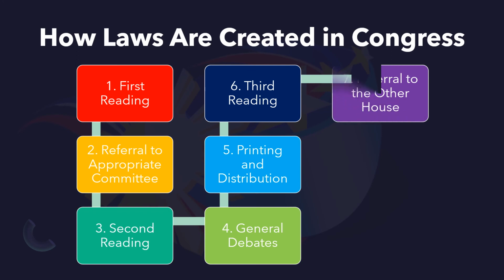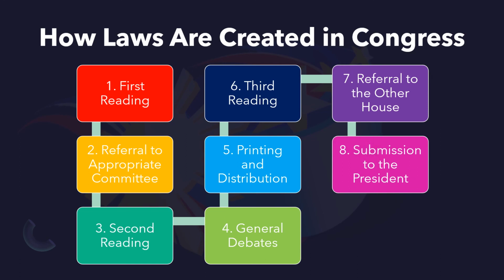And then, it will be referred to the other house. If approved, the bill is then referred to the other house, ready for submission to the President. A bill approved on third reading by both houses shall be printed in enrolled form and transmitted to the President for his action.